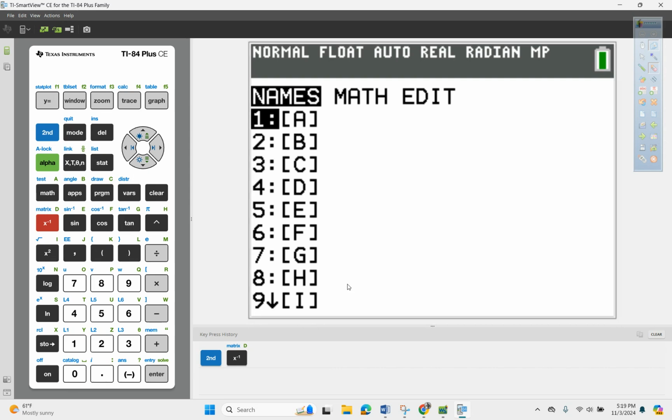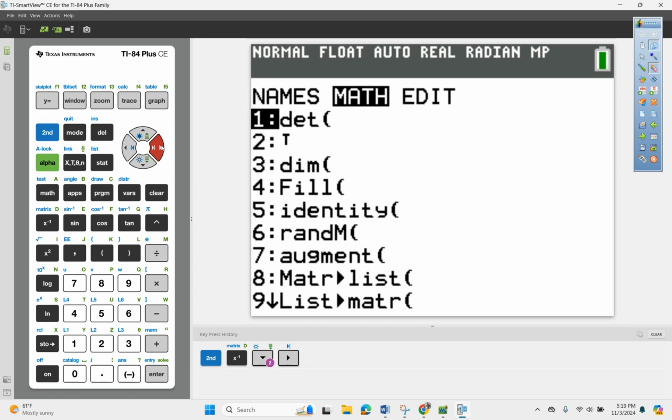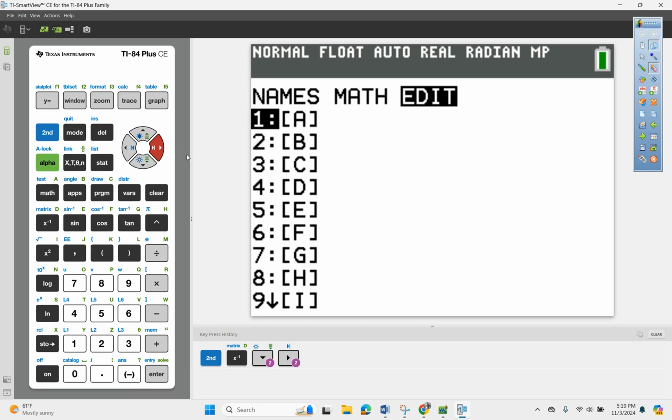All right, and so we normally do A, but for the fun of it, I'm going to hit the right button and come over to edit. What happened? It reset. I'm going to come back down to C. Now I'm only using C because that's what they're using in the book for this example, but just to show you, it isn't always A. So I'm going to edit C, and I'm going to hit enter.